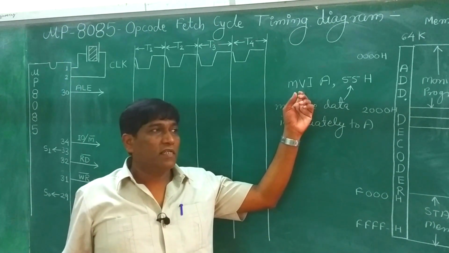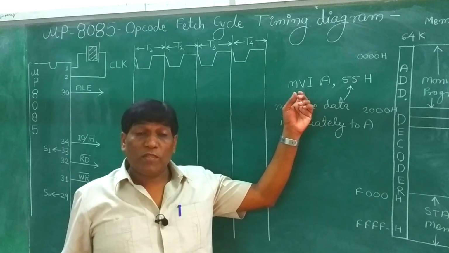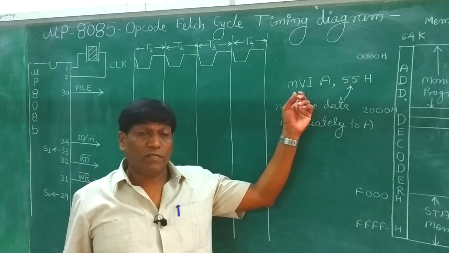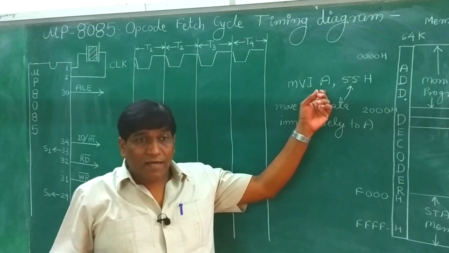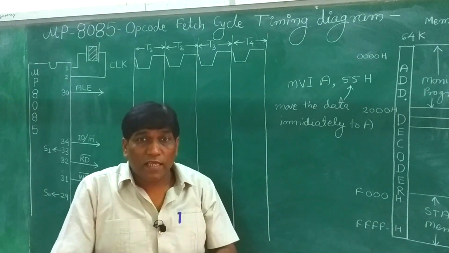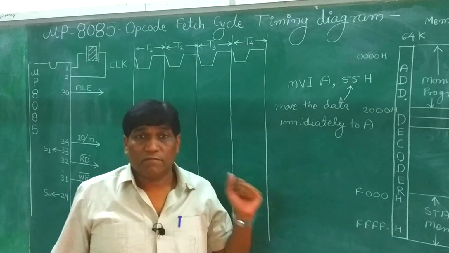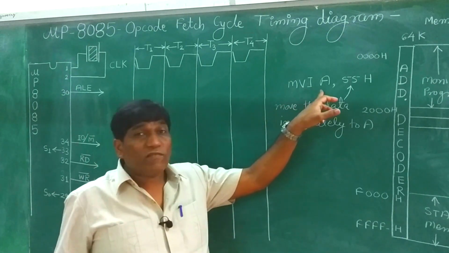MVI A is a short form in the microprocessor language known as mnemonics. This language is called mnemonics. And when we are writing MVI A, we are not writing MVI A in the microprocessor. We are writing this MVI A on paper or in our code for our understanding. The microprocessor will not understand MVI A.